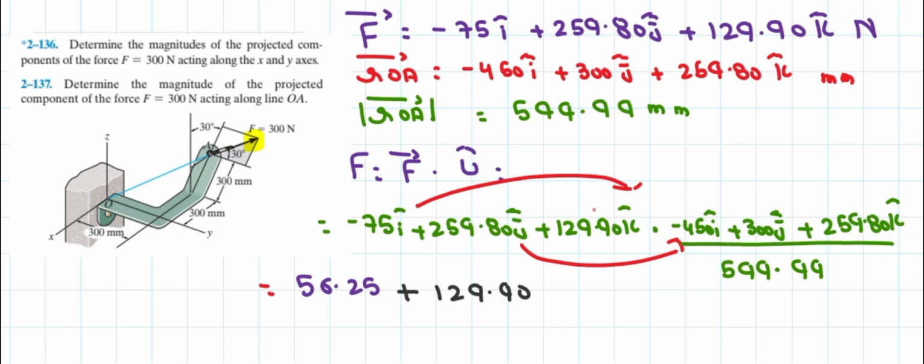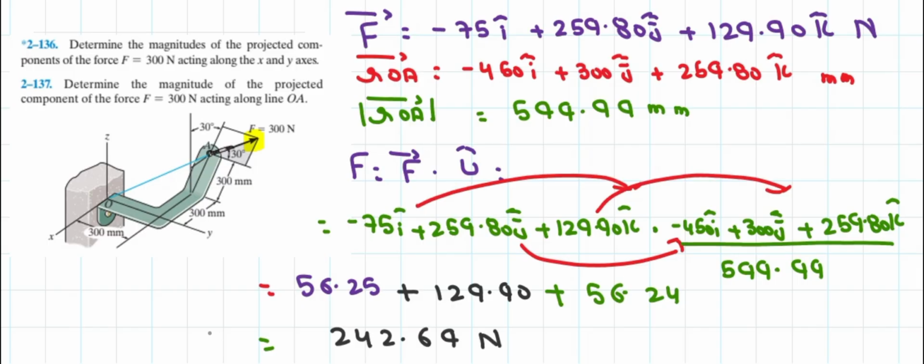Again, multiply positive 129.90 k cap with positive 259.80 k cap and divide by 599.99, so it gives us a result of positive 56.24. Now, add all these numbers together, so it is equal to 242.69 Newton. This is the magnitude of the 300 Newton force acting along the line OA.